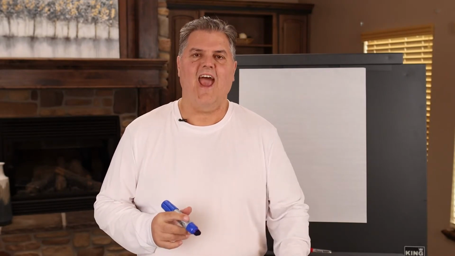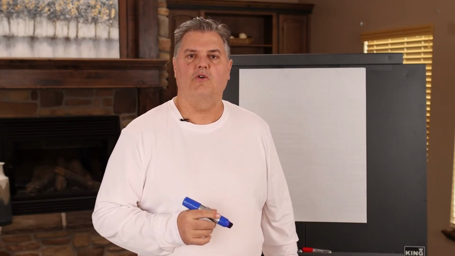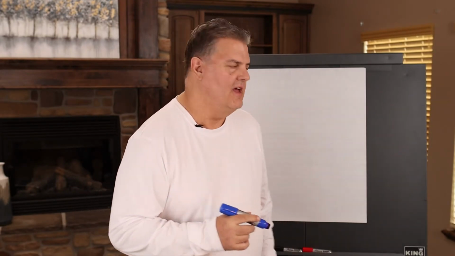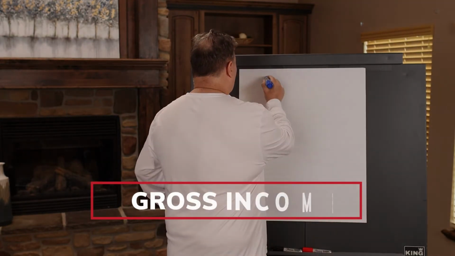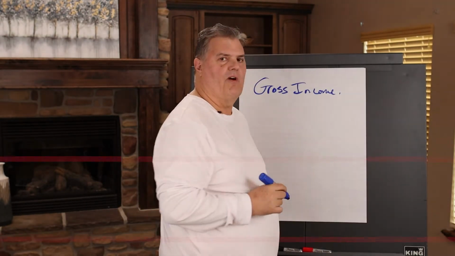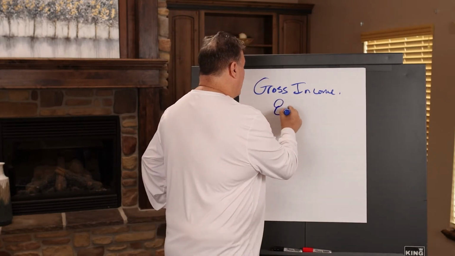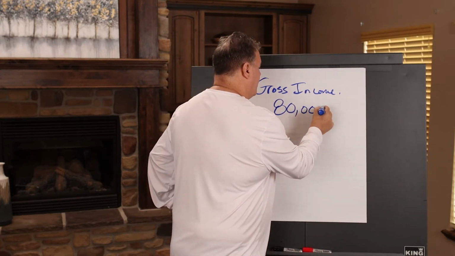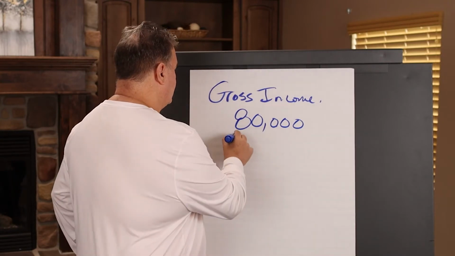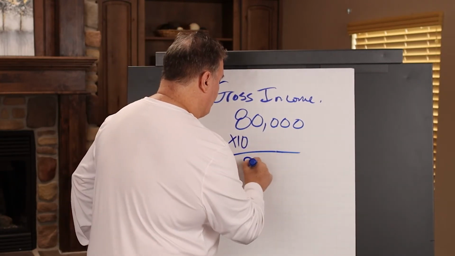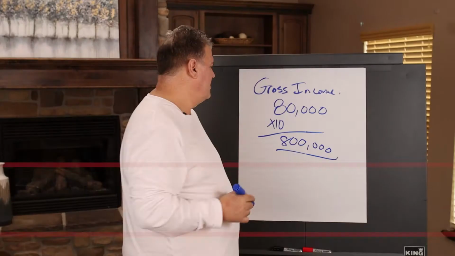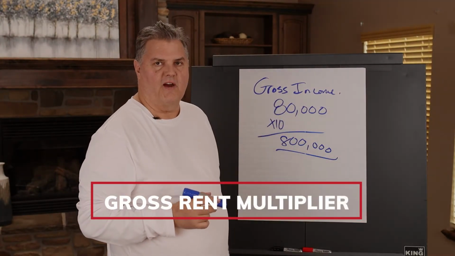So besides cap rate, another way to quickly evaluate the property is to look at the gross income. So if I have a property that brings in, let's say, $80,000 a month in gross income, I can multiply that times 10 and say that property's worth about $800,000. So gross rent multiplier is what this is called.